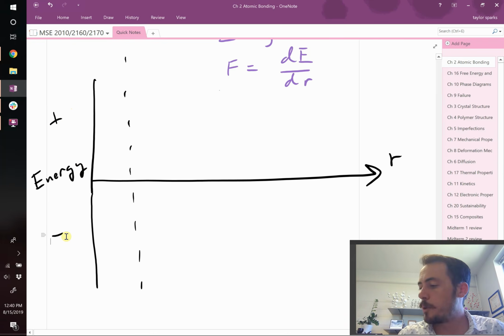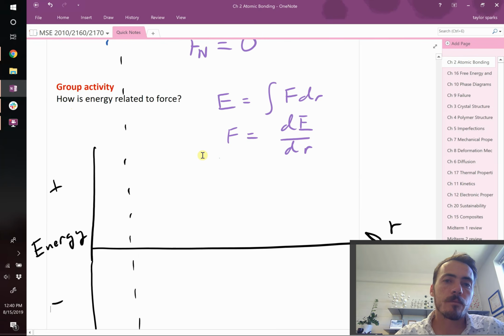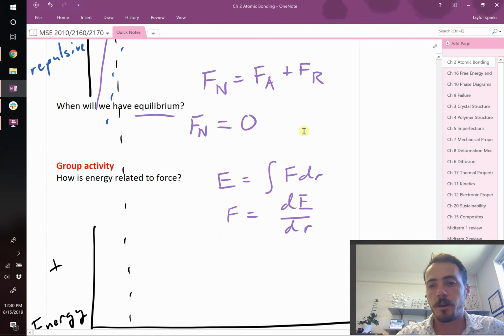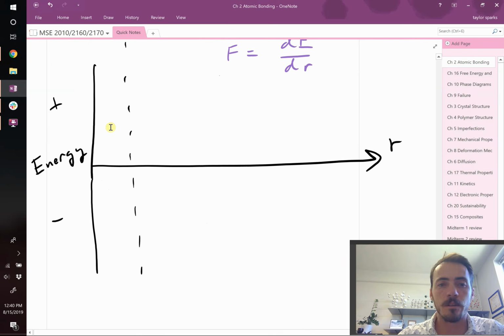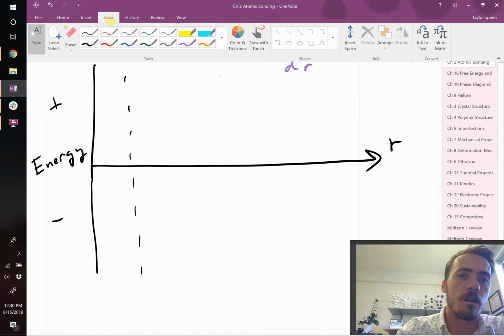So, what do we know about this? Well, if force is the derivative of our energy expression, then if we were to take the derivative of it and it's negative down here, from here until that point, that means that our energy expression is decreasing. Remember this from calculus? Hopefully you've seen this before. So I'm going to draw it.